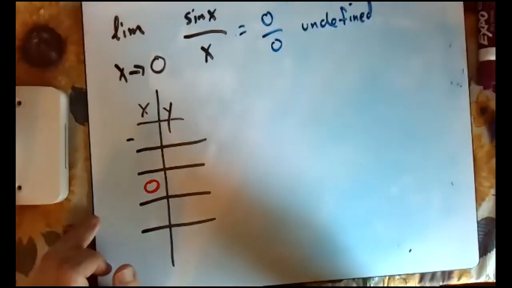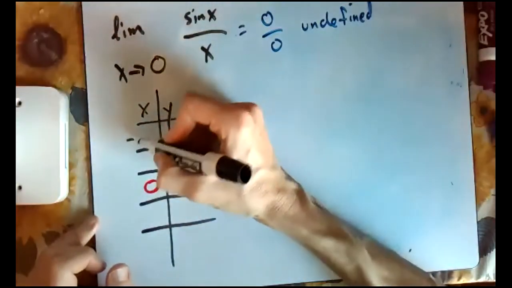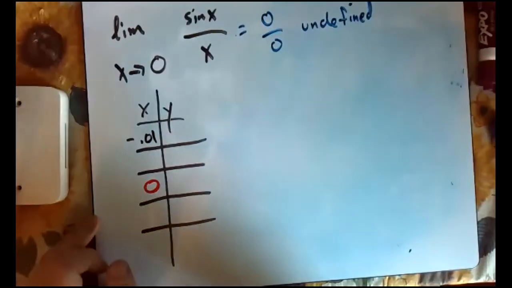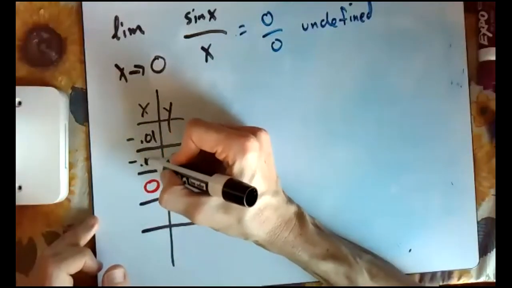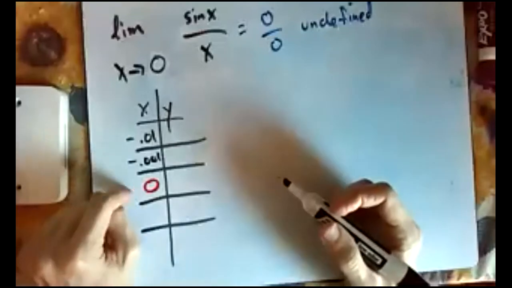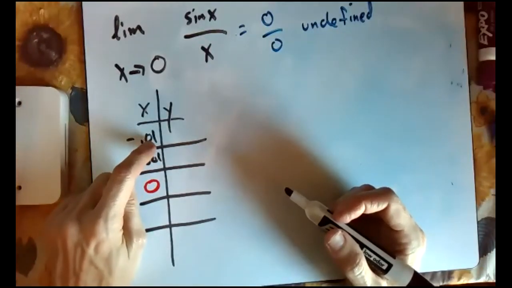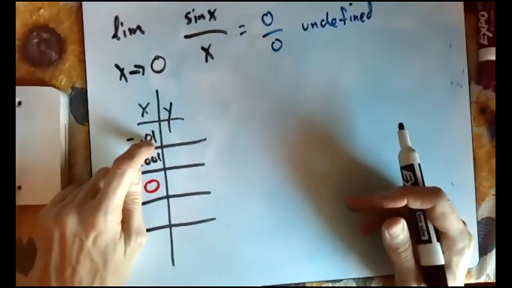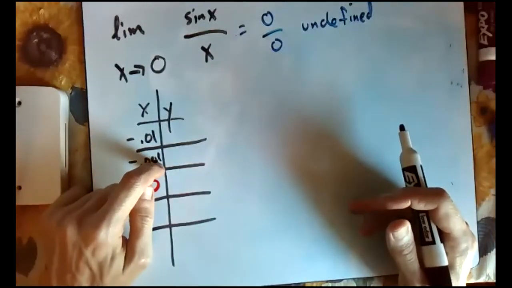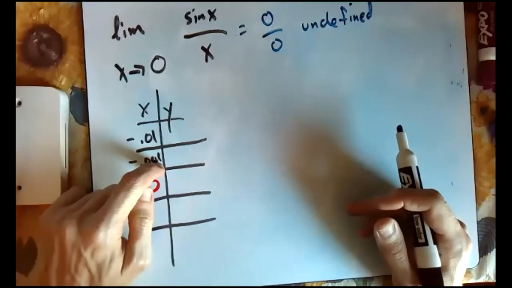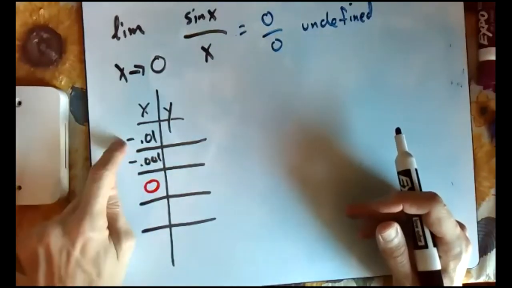If I choose something like negative 0.01, negative 0.001, these are getting closer and closer to 0. Negative 0.001 is slightly closer than negative 0.01. This is the hundredths place, this is the thousandths, so it's a lot smaller than this one right here.